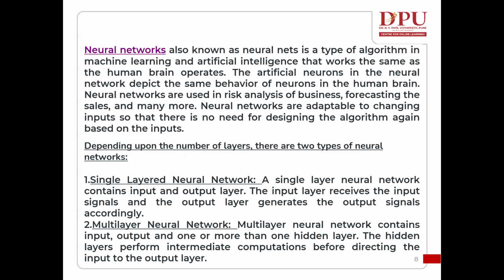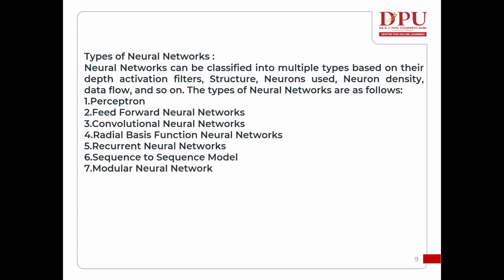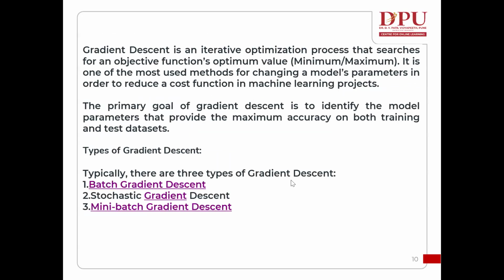So when you talk about the artificial neural network, it supports single layer and multi-layer, as well as architectures such as perceptron, feed forward, convolutional, and radial, meaning how human beings are able to think.